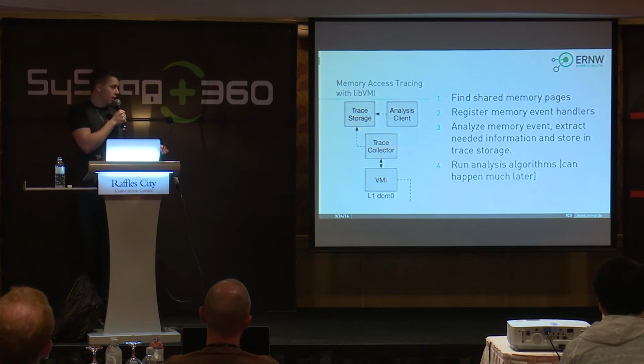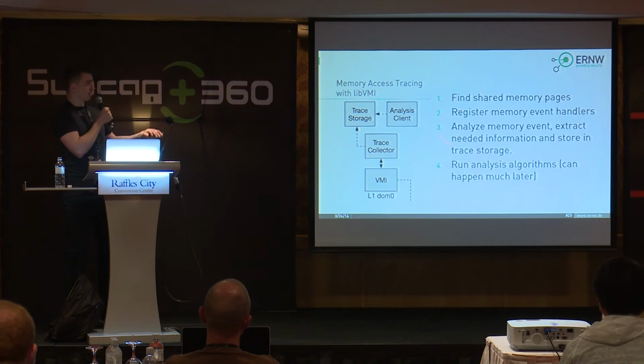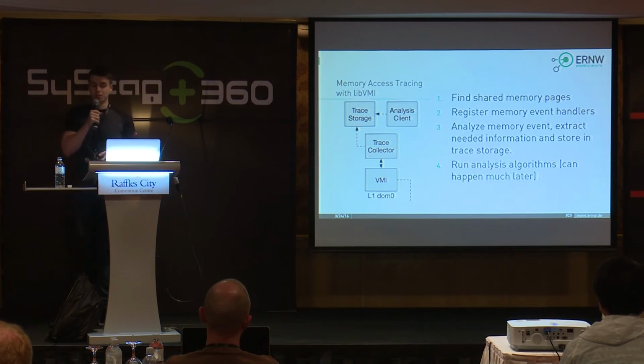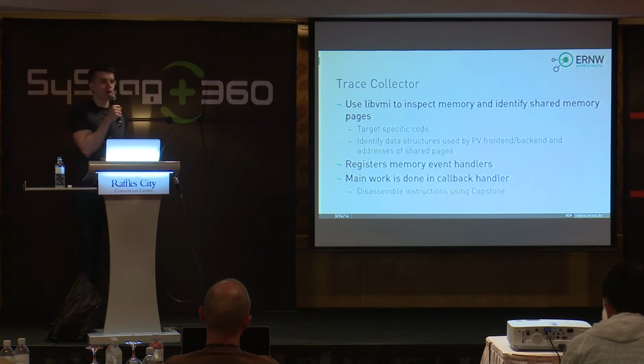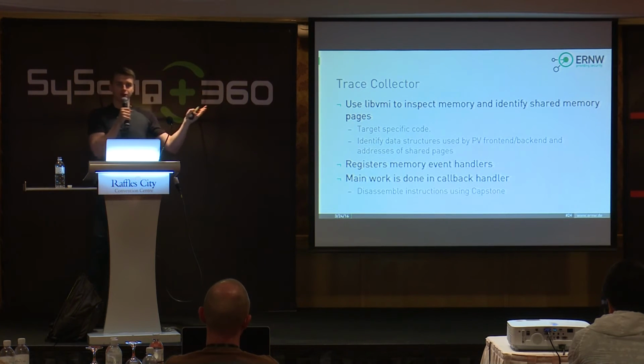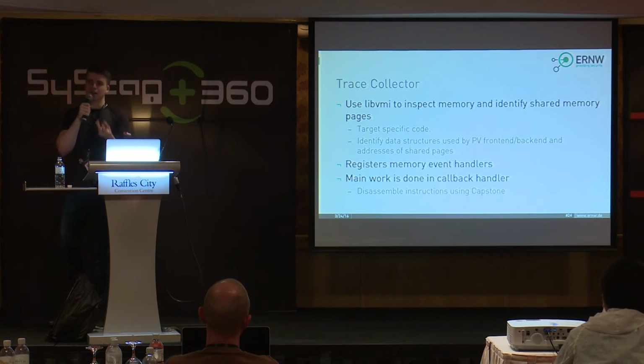The trace collector is the core component. It does basically all of these steps besides the analysis, and it's actually the only code I wrote by myself. It uses libvmi to inspect the memory and to find these shared memory pages. You have to identify which memory pages are used by the front end and back end components to talk to each other. This is the part of the code that's target specific.